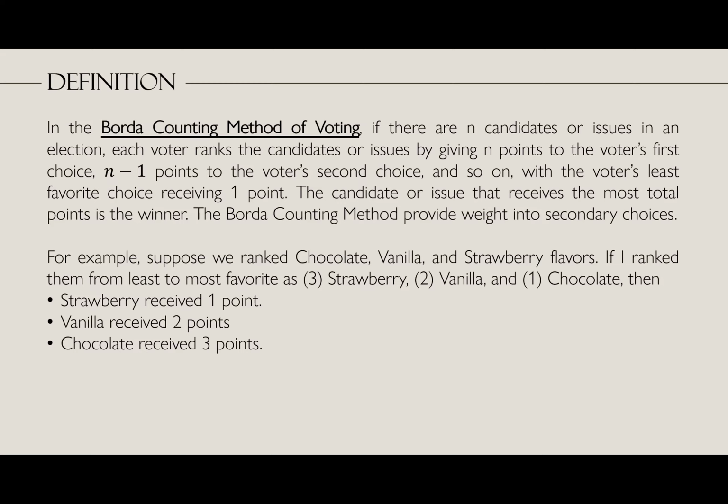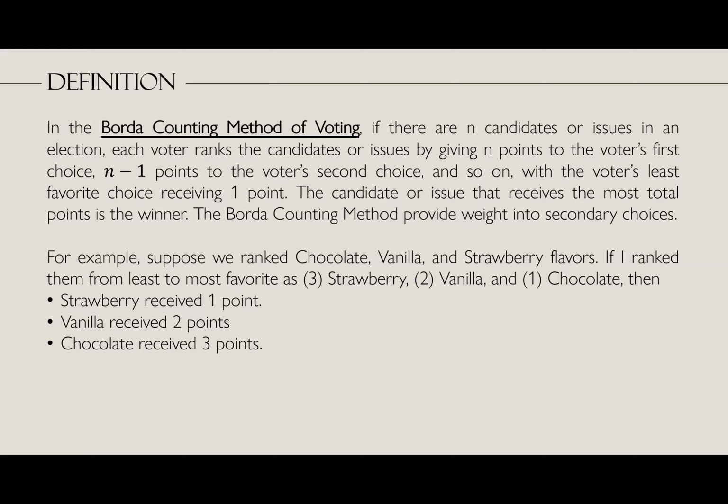So I have 3 options, so I'm working with at most 3 points each time. Strawberry was my least favorite, so I said, let's give it 1 point. Vanilla was middle of the road, so I gave it 2 points. And chocolate, I gave it 3 points because it was my top favorite. I want to emphasize here, it went 1 point, 2 points, 3 points because I had 3 options. If I had 4 options, we would do 1, 2, 3, 4 points.